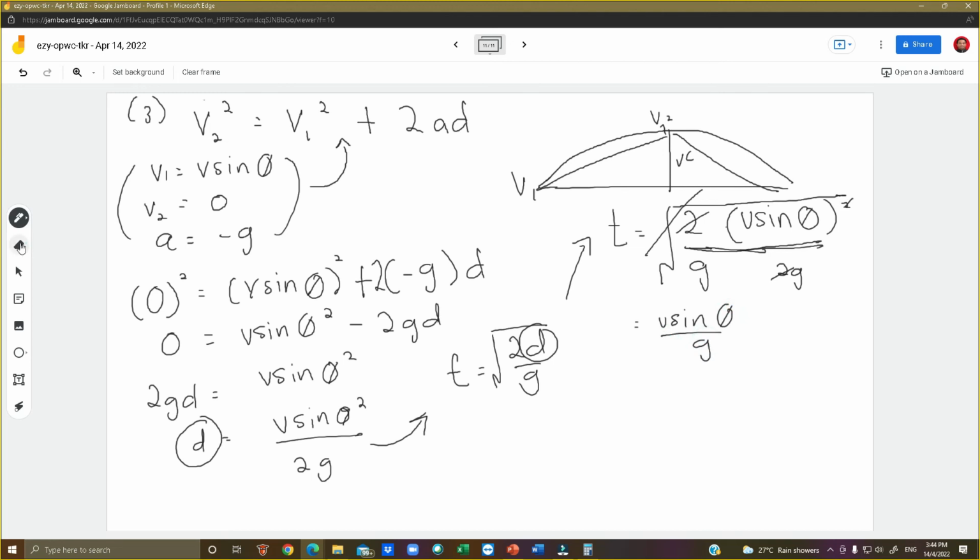Okay, ni saya tulis bentuk asal dia tadi. Sekejap. It will be something like this. Okay, kalau kata kita ambil bentuk asal ni kan, kita akan ada 2 V sin theta over 2G square G. Ni bentuk asal dia.